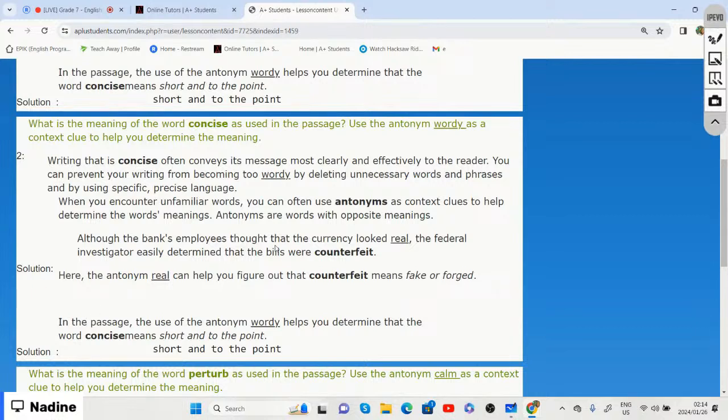An example is: although the bank's employees thought that the currency looked real, the federal investigator easily determined that the bills were counterfeit. And the antonym, real, can help you figure out that counterfeit actually means fake or forged. So the antonym is real.